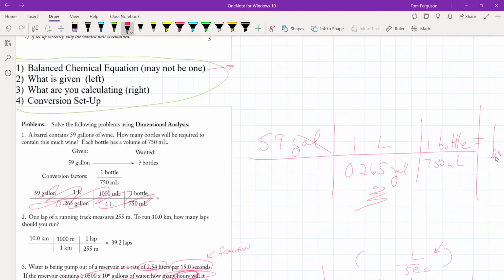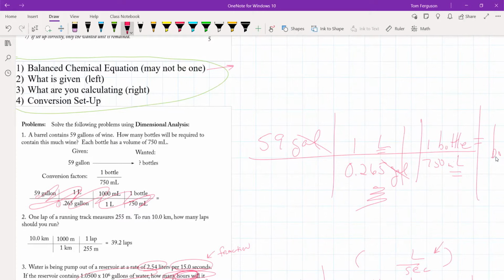So our gallons cancel. Do our liters cancel? Yes. No. We have milliliters and we have liters. So what's the problem here? You need to go from liters to milliliters. Yeah, we need an intermediate step here because our units aren't canceling. So our answer is going to have a whole bunch of junk in it.